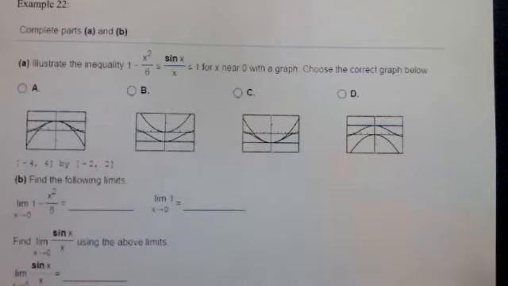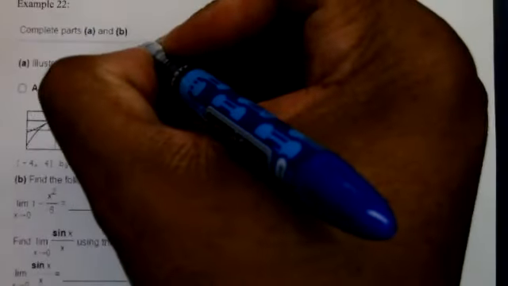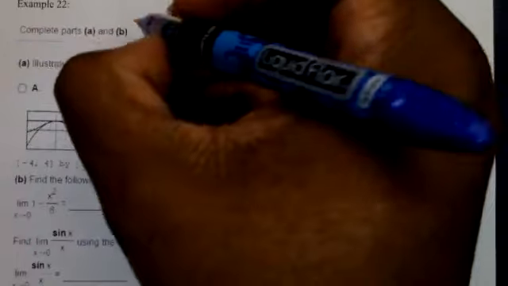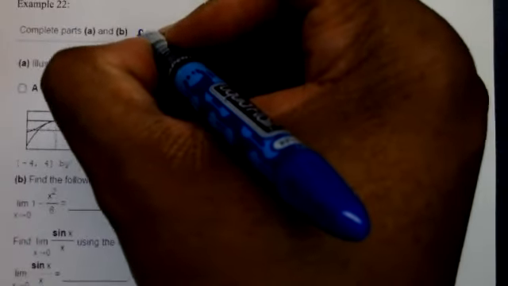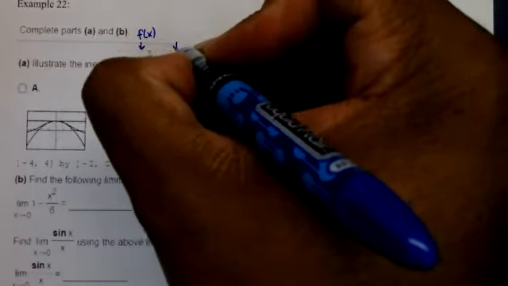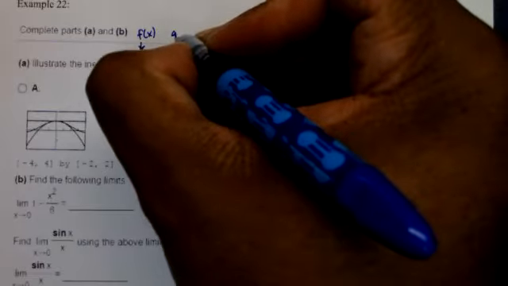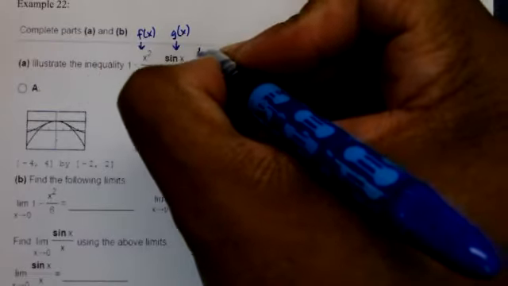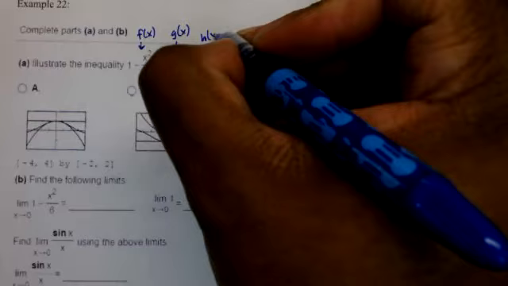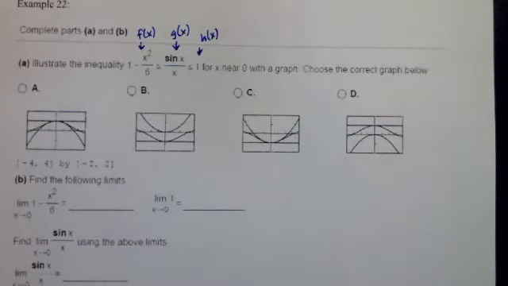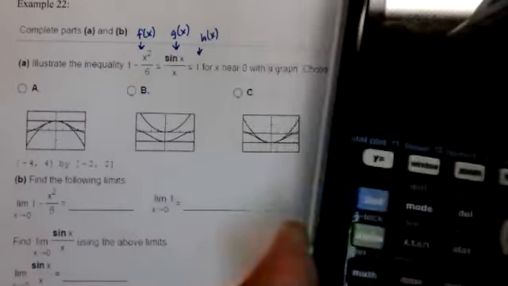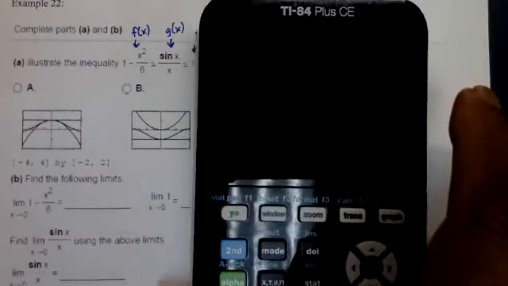Well, let's enter these in the calculator. So this 1 minus X squared over 6, that's f of X. The sine X over X, that's g of X. And of course, 1 is h of X. And of course, we're doing this near 0 on the graph.